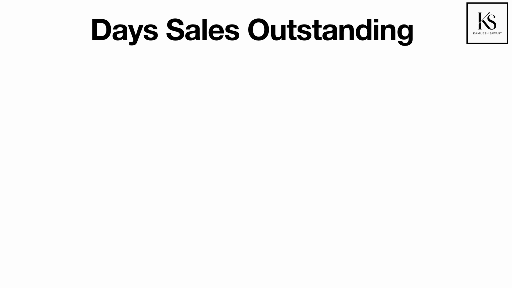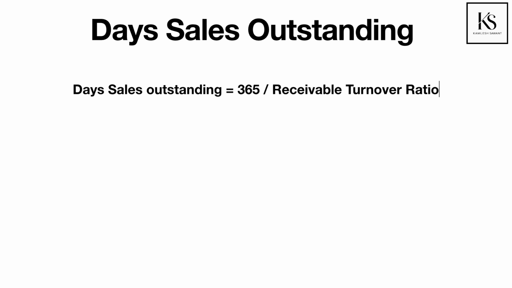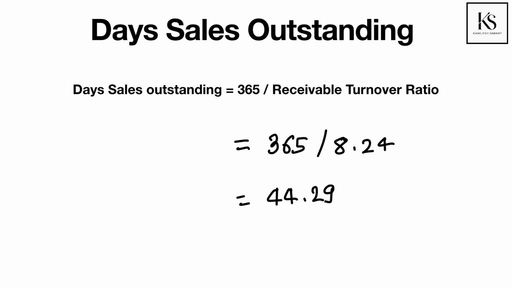The formula to calculate the same is day sales outstanding is equal to 365 divided by receivable turnover ratio. For ARBL, it is 365 divided by 8.24, that is equal to 44.29 days. This means ARBL takes about 45 days from the time it raises an invoice to the time it can collect its money against the invoice.